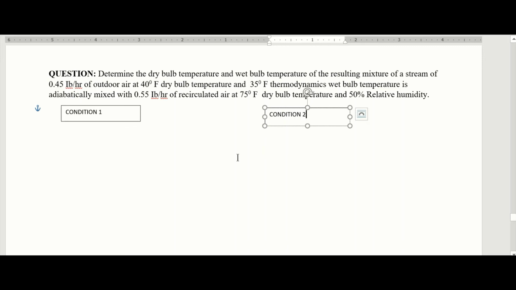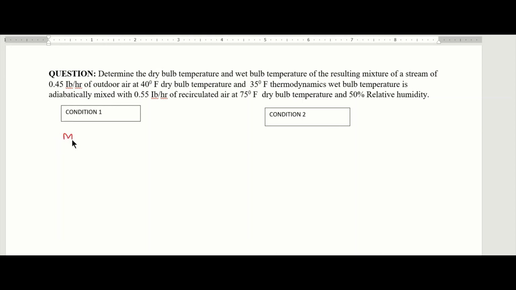All right, cool. So for my condition 1, I'm given the mass flow rate, so I can take my parameters. We are given the mass flow rate at condition 1, which is 0.45 pounds dry air per hour.